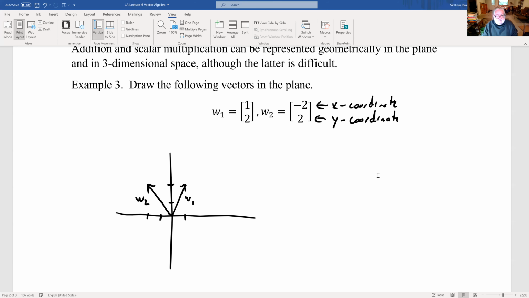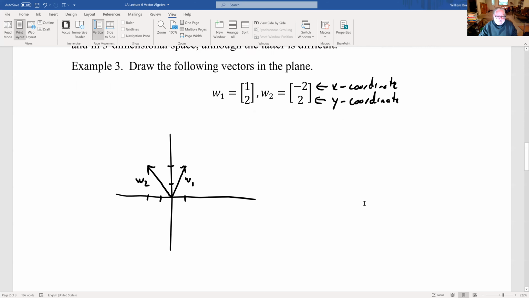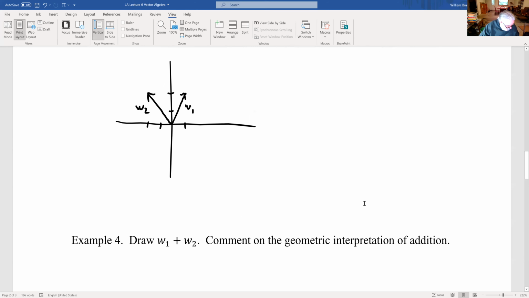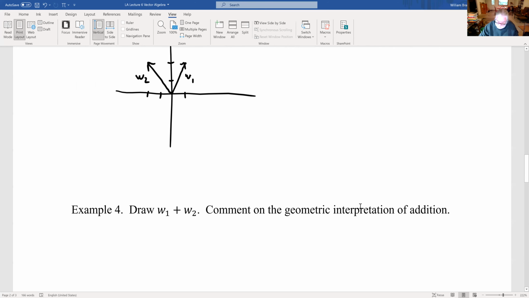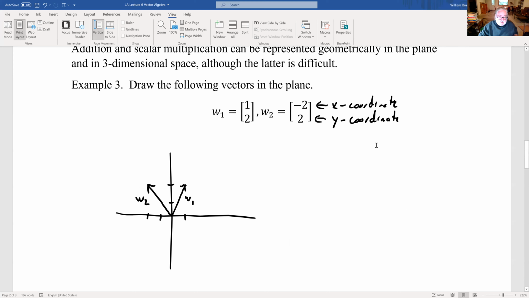So easy enough to draw. I'm just going to write down what those vectors are, 1, 2, and minus 2, 2.